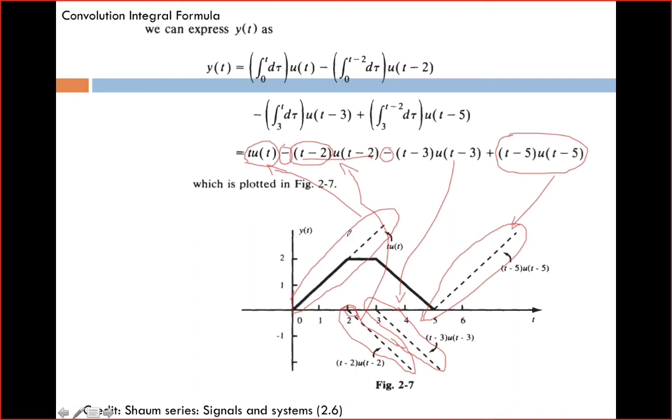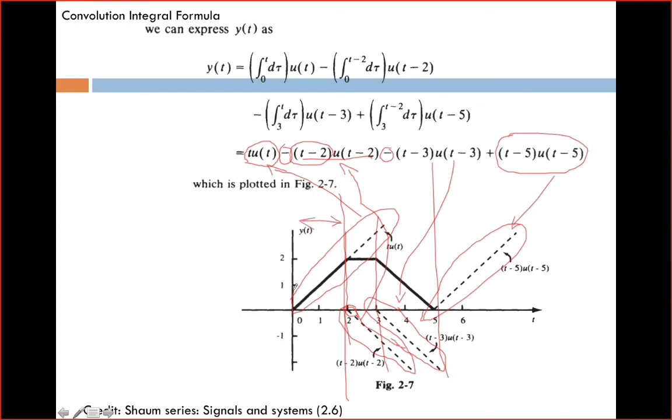Here we are going to subdivide the entire graph into small parts, like I'm drawing vertical lines, and then we are going to add all these things. For example, I take 0 to 2.